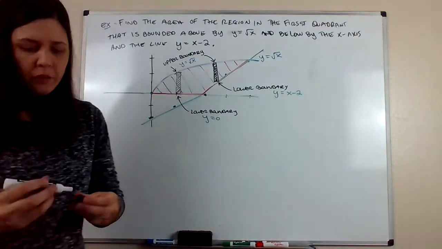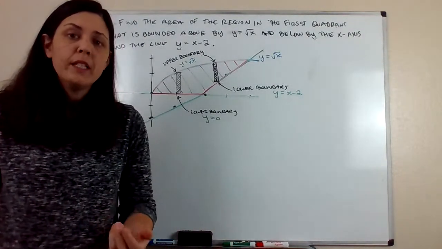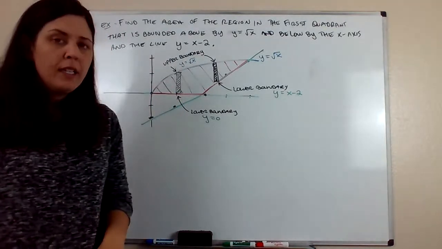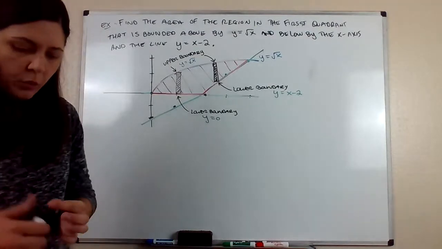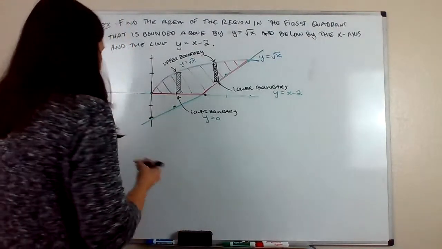So this one's a little different because we have two lower boundaries depending on where we take a slice of our region in order to integrate it. So what we have to do in this case is separate this into two regions.